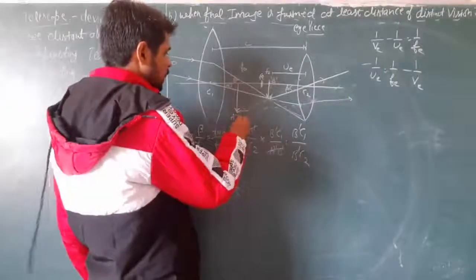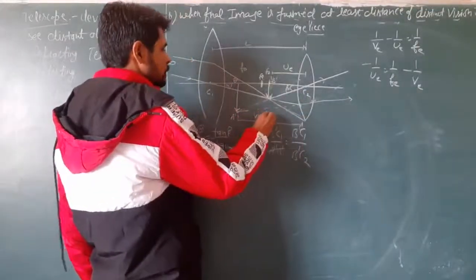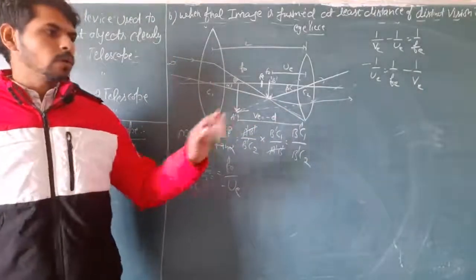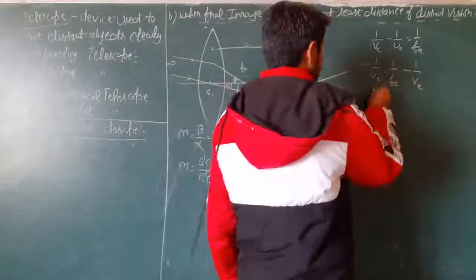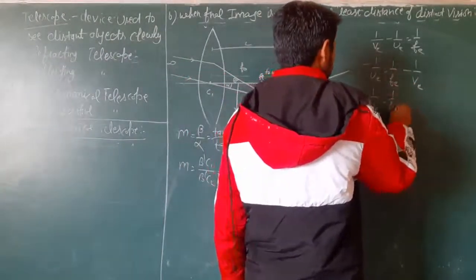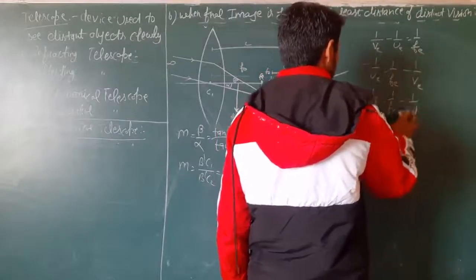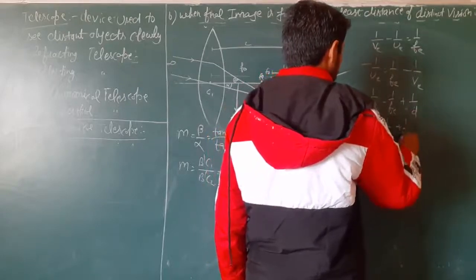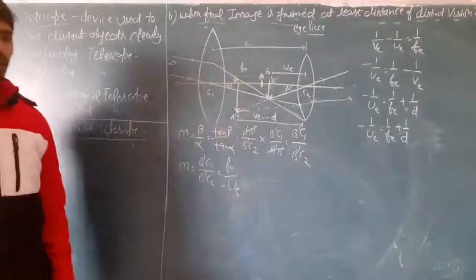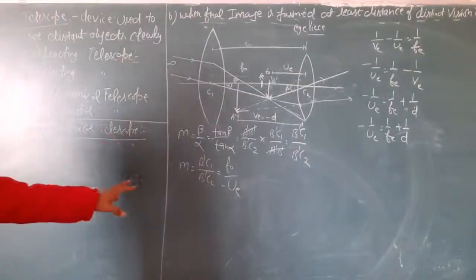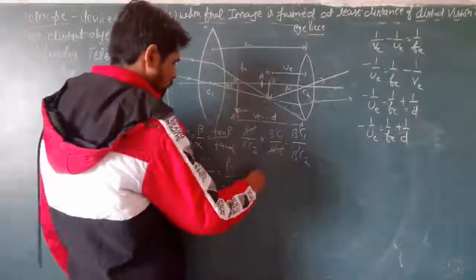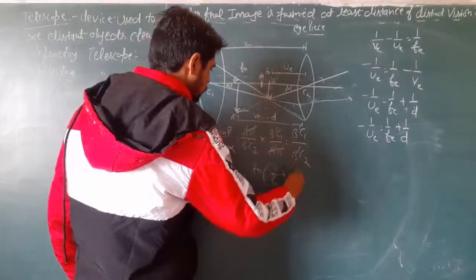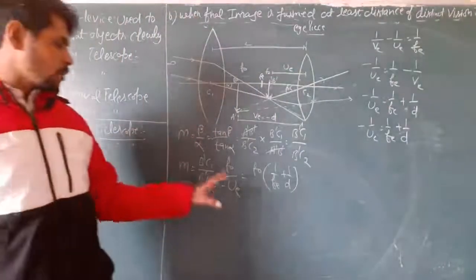VE means the distance of the image formed by the eye lens, and the image is at least distance of distinct vision, so VE is equal to minus D. So minus 1 by UE is 1 by FE minus, minus D, minus minus plus, so 1 by FE plus 1 by D. So we can put the value of minus 1 by UE, that is f0 into 1 by FE plus 1 by D. But 1 by U की value हमने put कर दी.